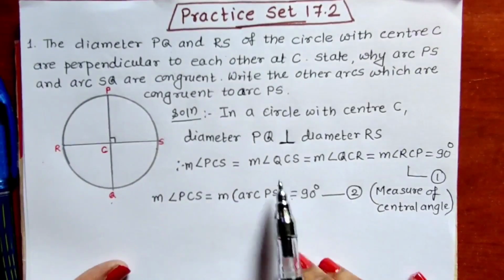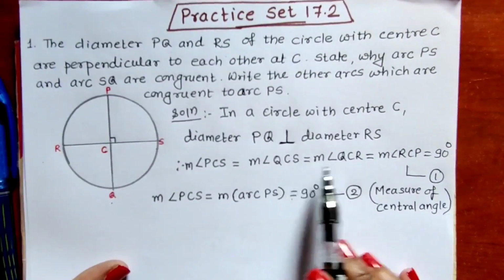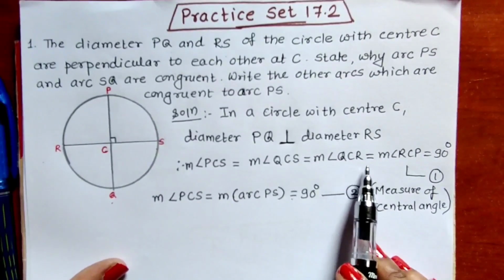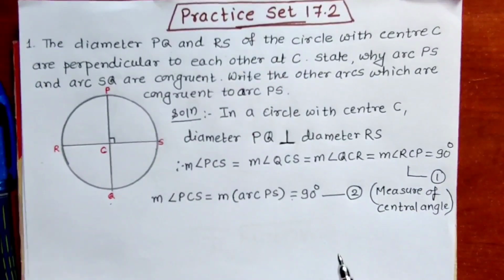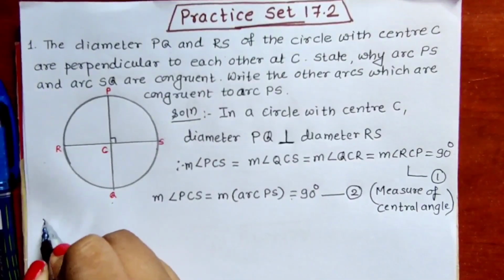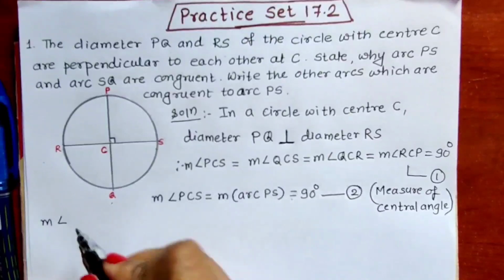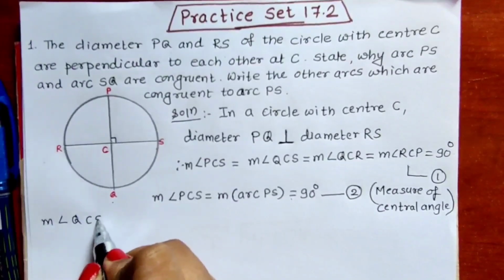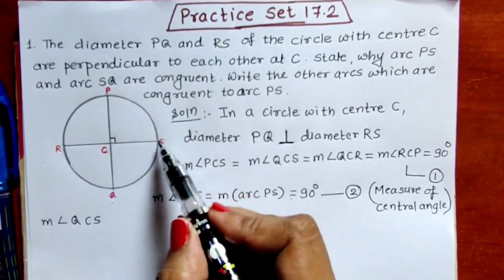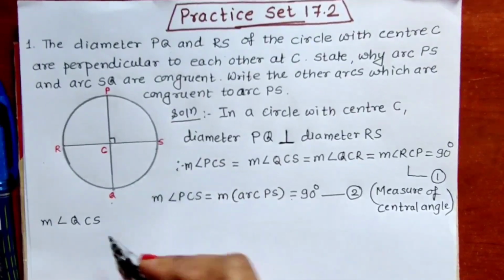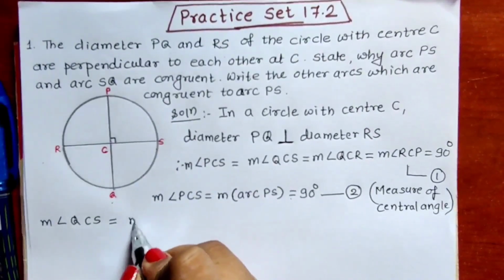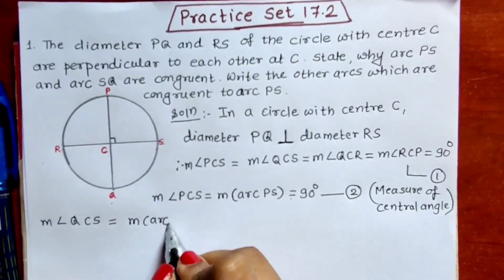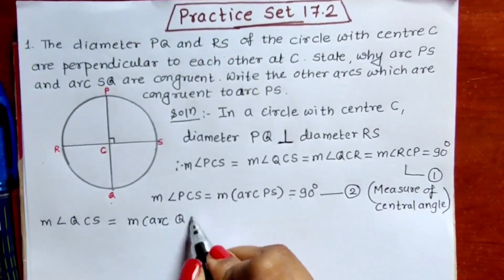The same statements we can write for the remaining three angles, angle QCS, QCR, RCP. So let us write measure of angle QCS. See this angle QCS, its corresponding arc is QS. So it will be equal to measure of arc QS.